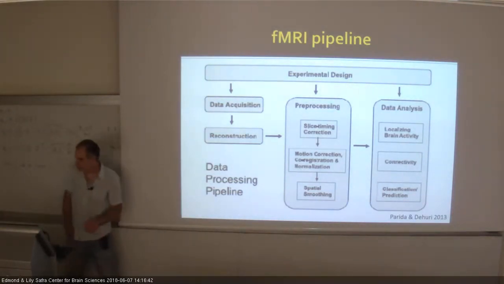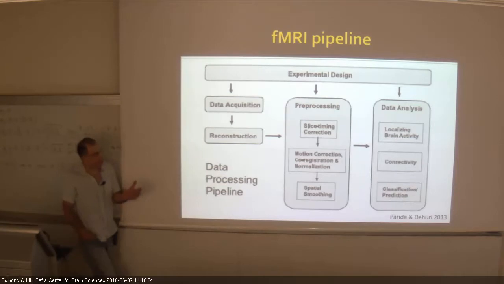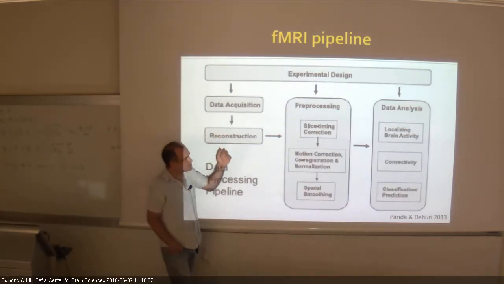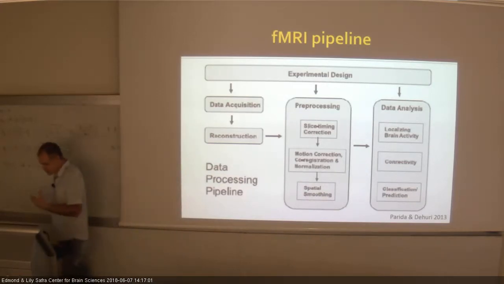Before we dive into the details, we have a long and complex pipeline when we're talking about a functional MRI experiment. Of course we have some experimental design, some research questions that we want to answer, and we have to translate that research question into something that we can test efficiently in the magnet.